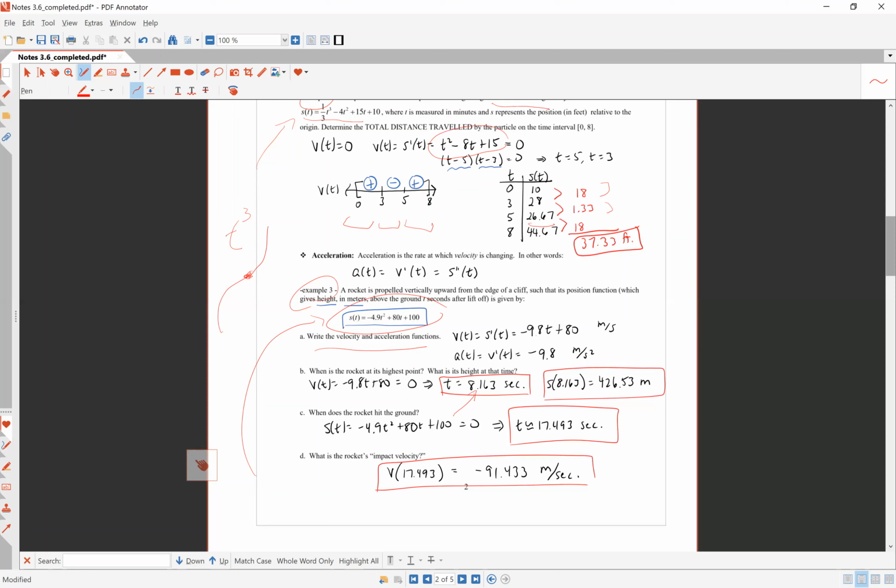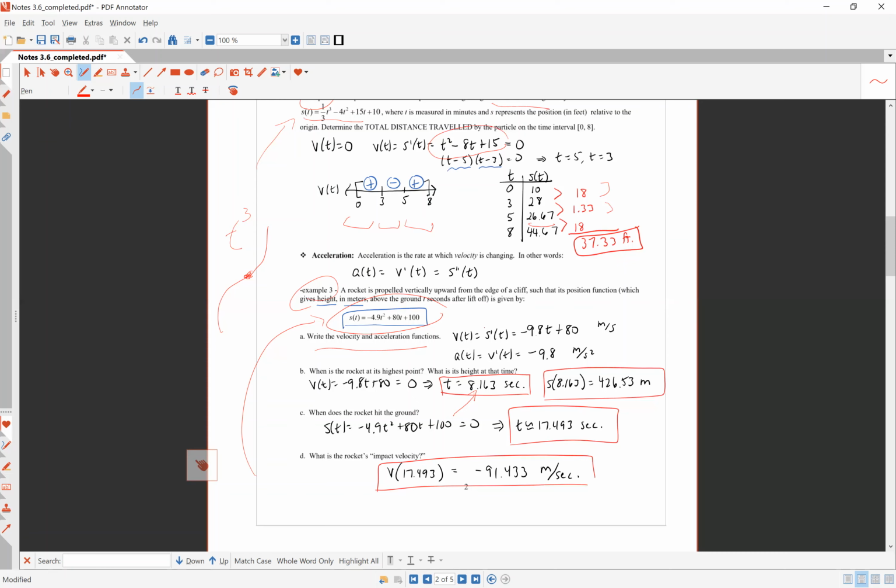And then, what's the velocity when it hits the ground? Using the calculator, we see it hits the ground at about 17.5 seconds. So you just plug 17.5 seconds into the velocity function.